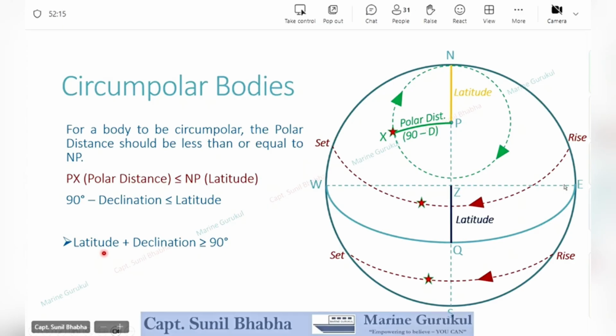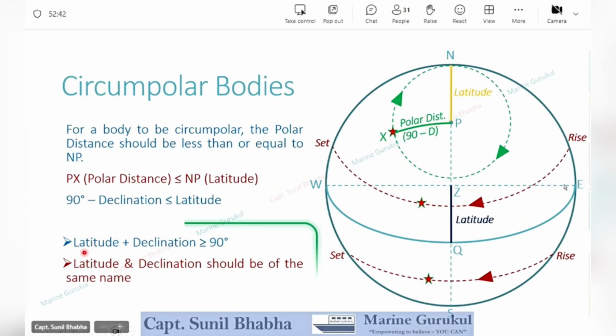So this is the second condition which needs to be fulfilled for a body to become circumpolar. The first condition which we saw in the previous slide was that the latitude and declination should be of the same names. The condition which we saw in this particular diagram is latitude plus declination should be greater than or equal to 90.